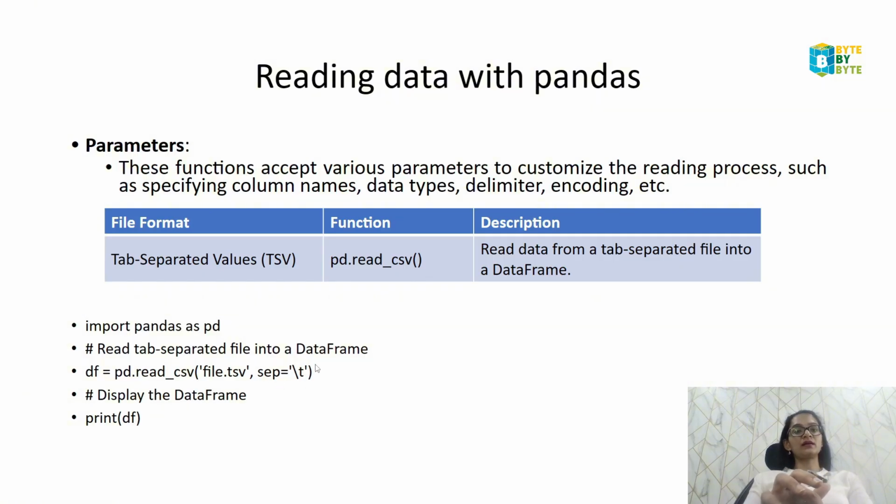In a CSV file the separator is comma, but now we are dealing with a TSV file, so the separator will be \t. Instead of comma you have \t, and then you can convert it into a data frame.